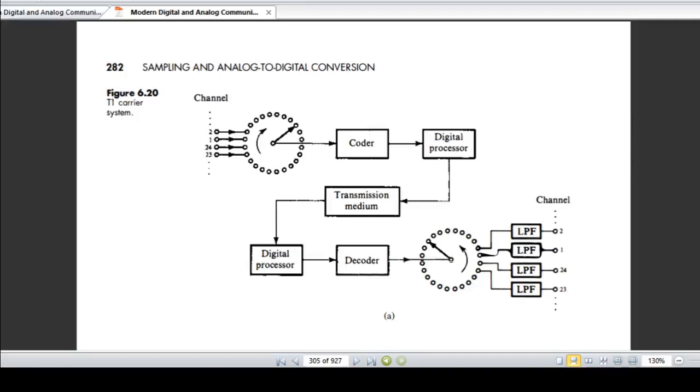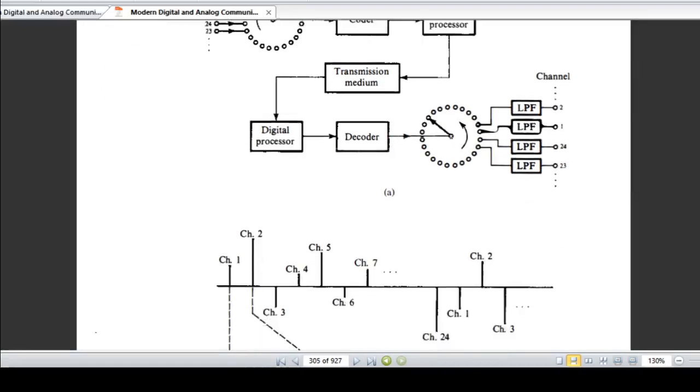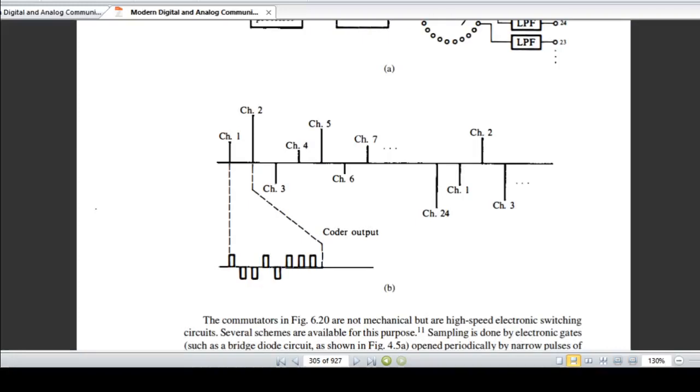Now there are important terms related to this carrier system, so we'll see them one by one.